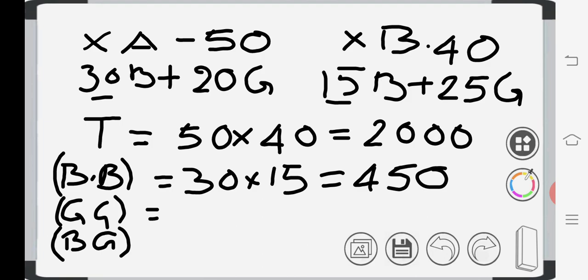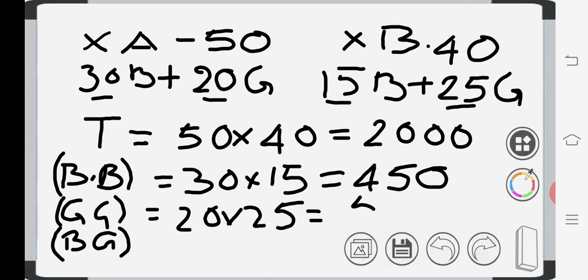Number of pairs of both being girls can be calculated by multiplying the number of girls in 10A and number of girls in 10B. That is 20 into 25 is equal to 500.